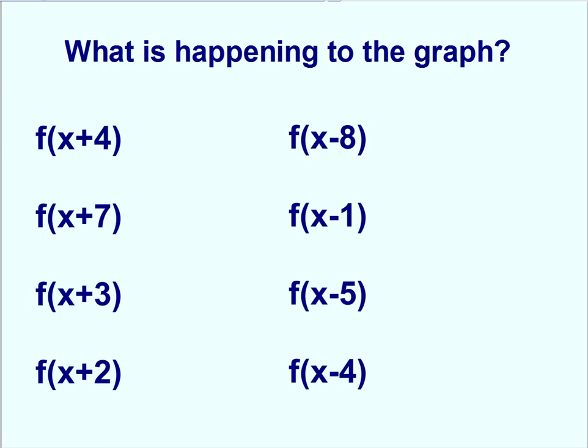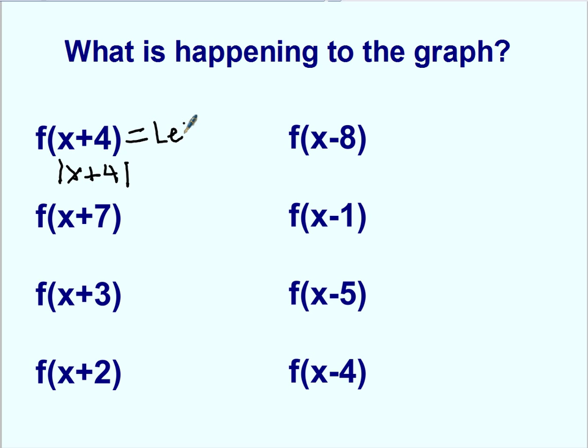So let's take a look at what's happening to our graphs. Notice how the plus and the minus values are inside the parentheses in my function notation. So this would be, for instance, absolute value of x plus 4. Which direction did our graph move if we added inside the parentheses?